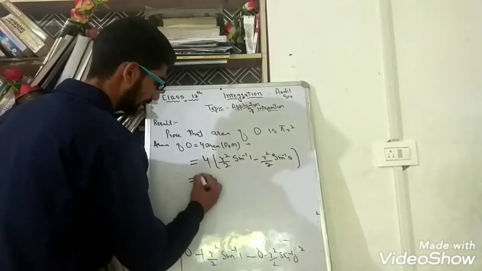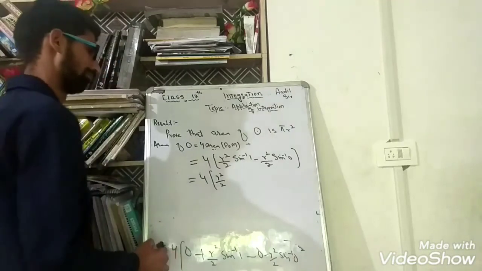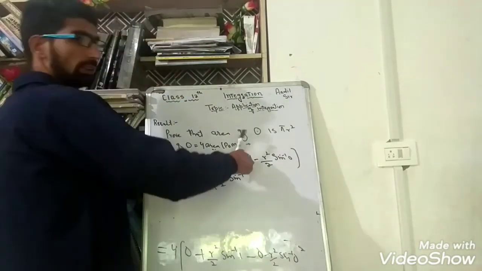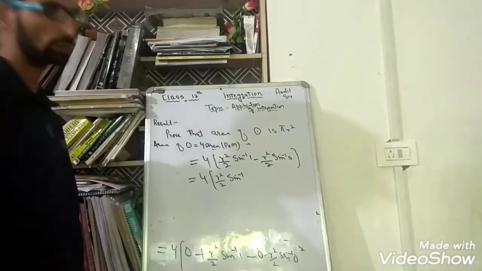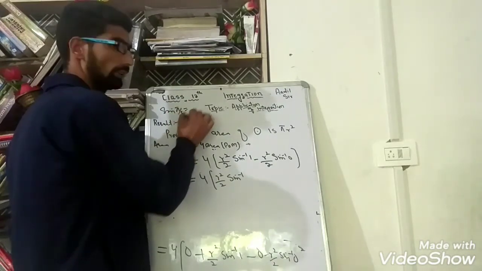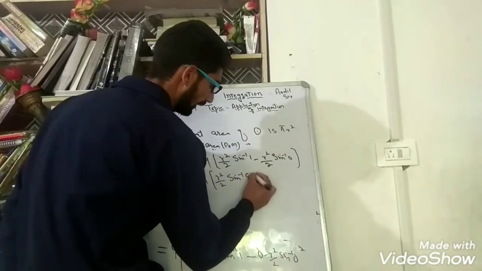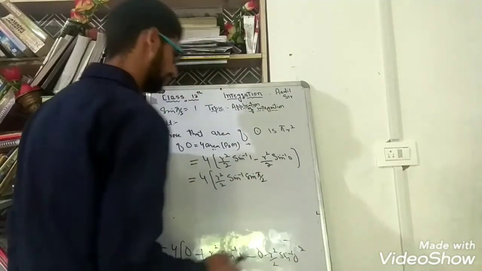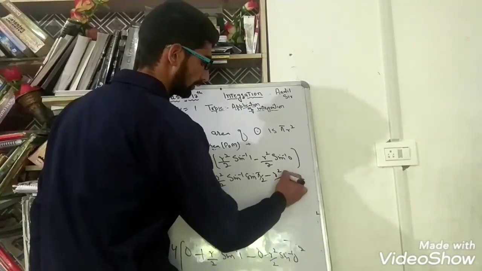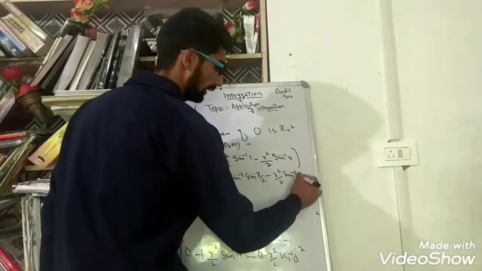It will be equal to 4 times r square divided by 2 sine inverse of 1. We know that sine 90 is equal to 1. So I can write instead of 1, sine 90, that is sine of pi divided by 2, and then minus r square divided by 2 sine inverse of 0. We know that sine 0 is equal to 0, so we can write here sine 0.